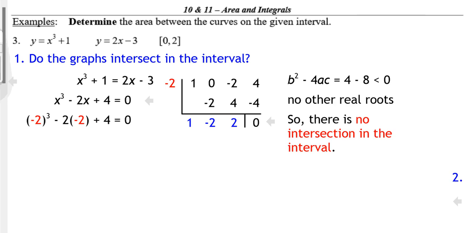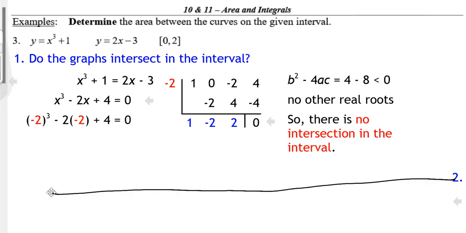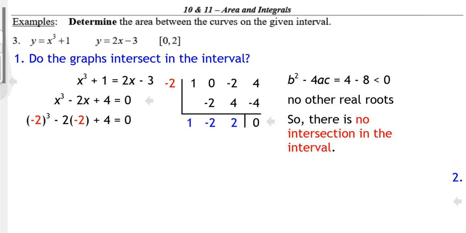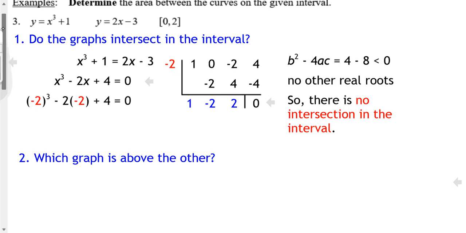So then we can just use what we developed on the previous page, which is, oh yeah, but first we have to figure out which graph is above the other one, because you can't just arbitrarily subtract them. So yeah, we'll look at some point that's in the interval, like 1.